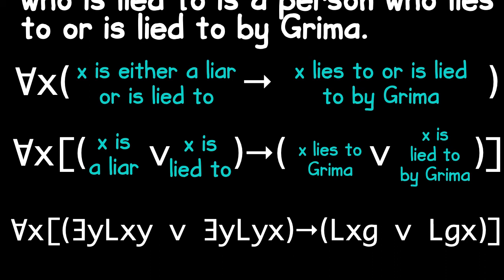The first step recognizes the pattern, all of these are those. The second step recognizes disjunctions. And the final step, on the antecedent side, recognizes that we need an existential quantifier, and on the consequent side, notes that Grima is a constant, and we can just plug it in.